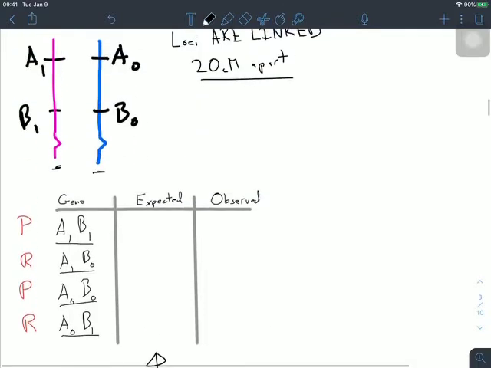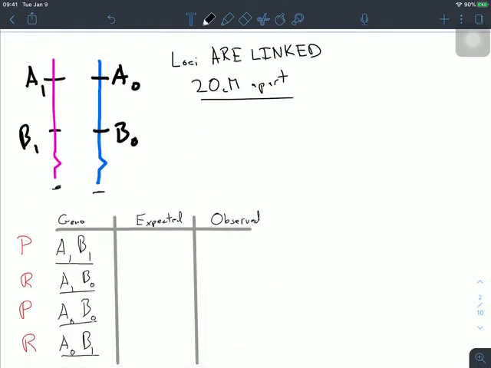But my naive expectation with this problem is that you are not given equal proportions. There is going to be a bias in terms of your parental and your recombinants. You see the 2 different parental haplotypes, with A1 being linked to B1 and A0 being linked to B0.